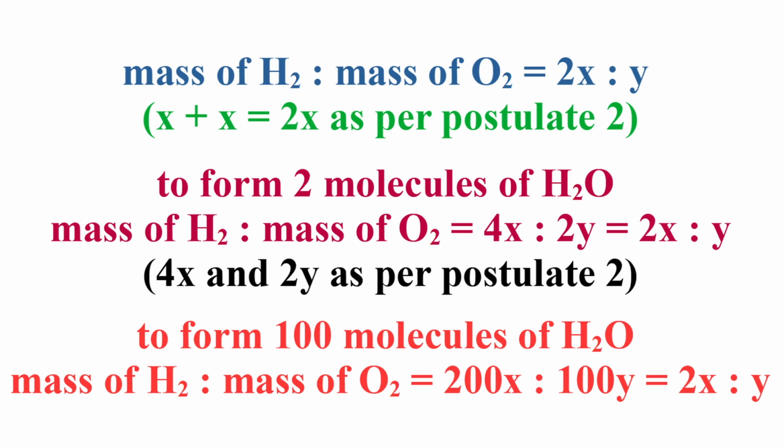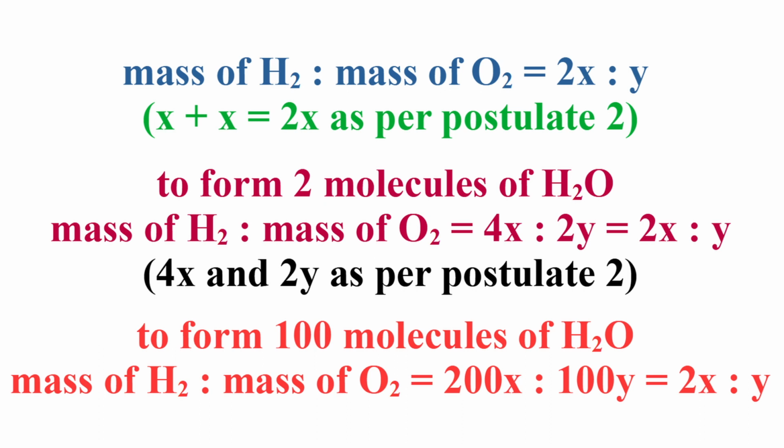combine. Here, notice that it is postulate 2 that allows the above addition of two x's to obtain the masses of two hydrogen atoms as 2x gram, since it assumes the mass of one atom of an element to be the same as that of any other atom.